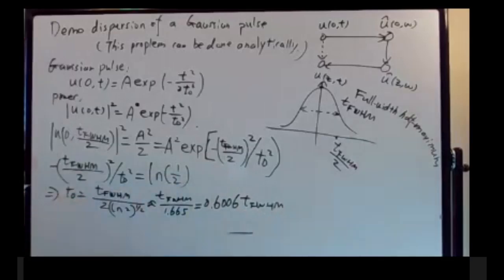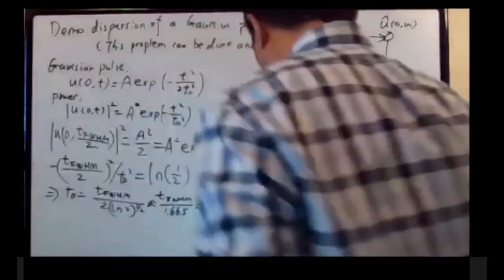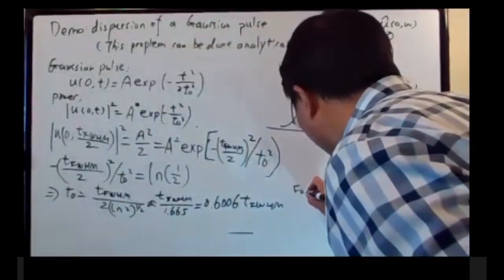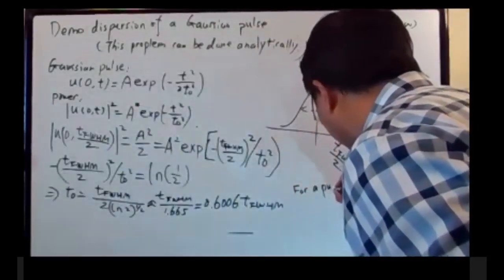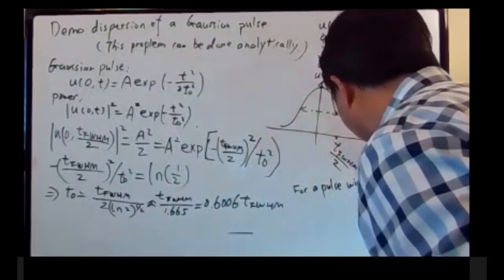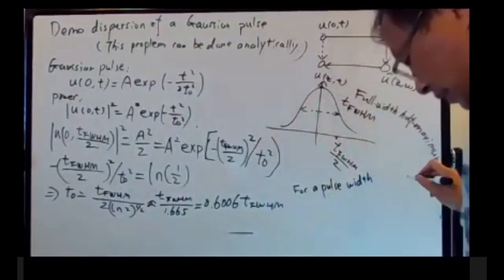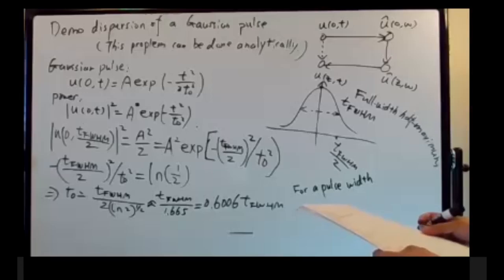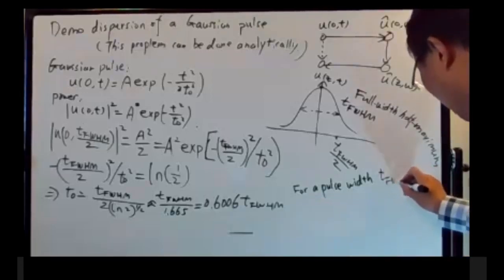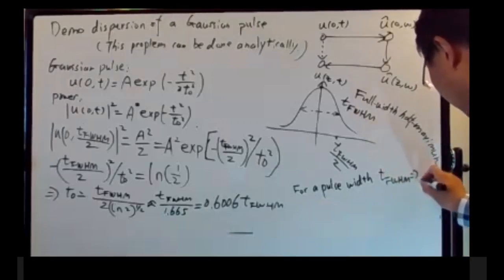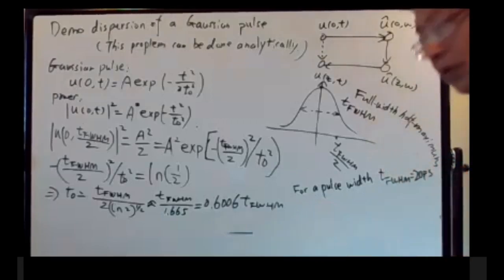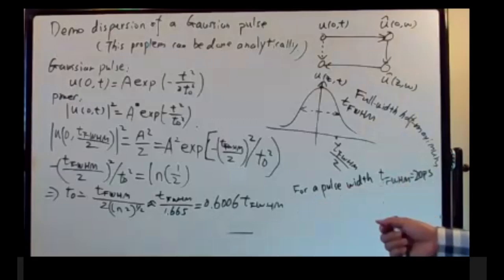Okay. So now for a pulse width, T full width half maximum is 20 picoseconds. So it's quite small, right? Picosecond.